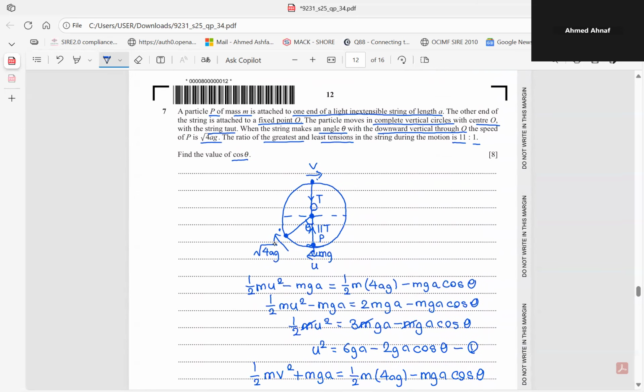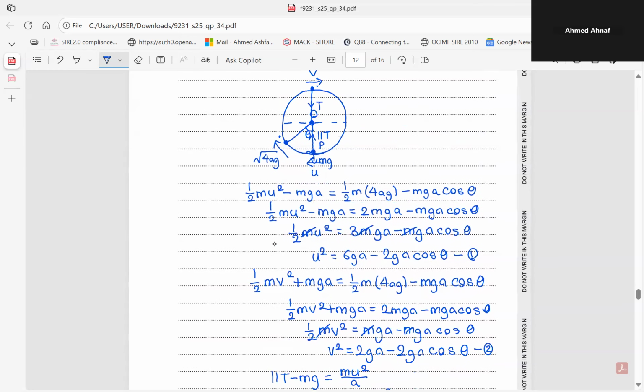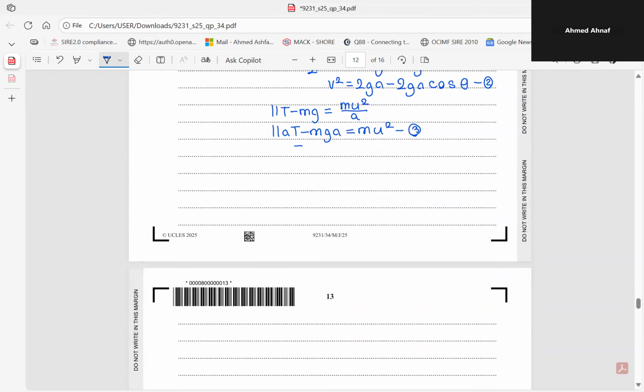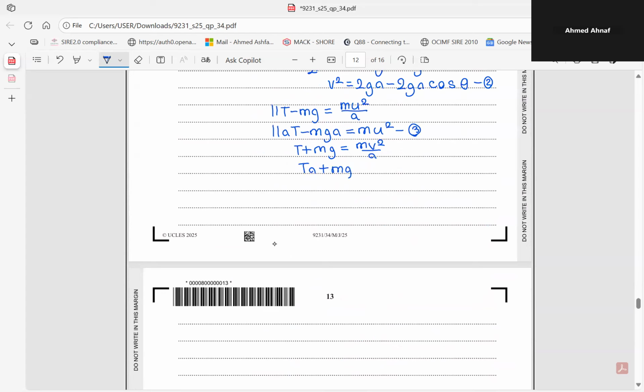Okay, now we'll take the forces acting at the very top where the speed is v. So we have t as well as mg. So t plus mg equals mv squared over a, and we'll have ta plus mga equals mv squared. So this is the fourth equation.